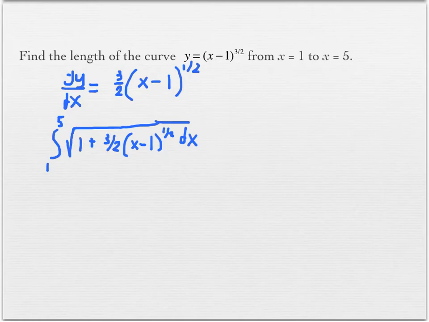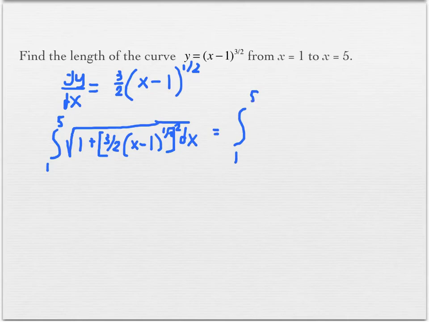And could we do some simplifying of this? I think we could. Oh, and I forgot that I also have to square this. Sorry about that. It's the derivative squared, so I have to get that little square in there. Sorry about that.